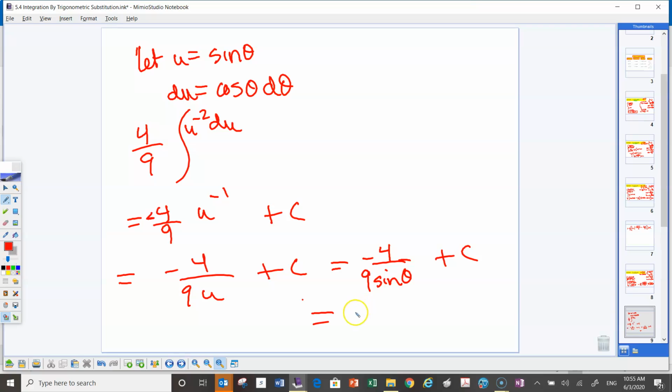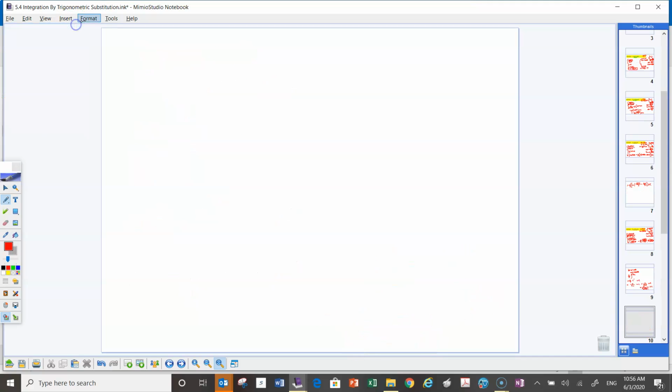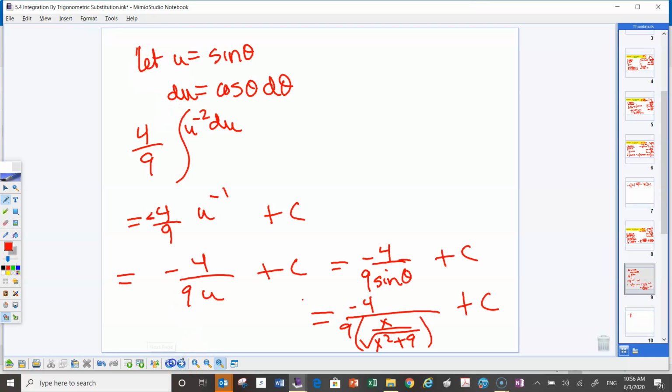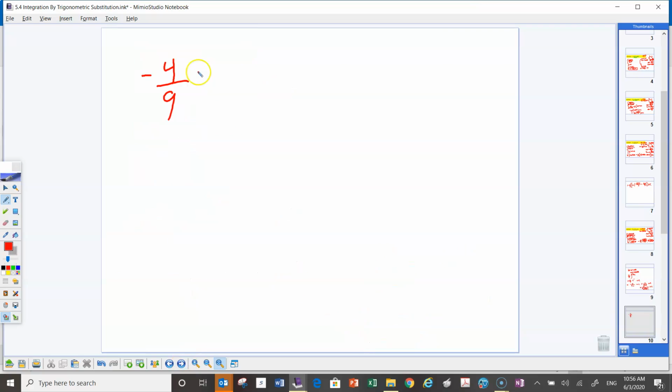So that is going to be negative 4 over 9 all over x over the square root of x squared plus 9. And finally, if you multiply by the reciprocal, you're going to get negative 4 over 9 times the square root of x squared plus 9 over x plus a constant.